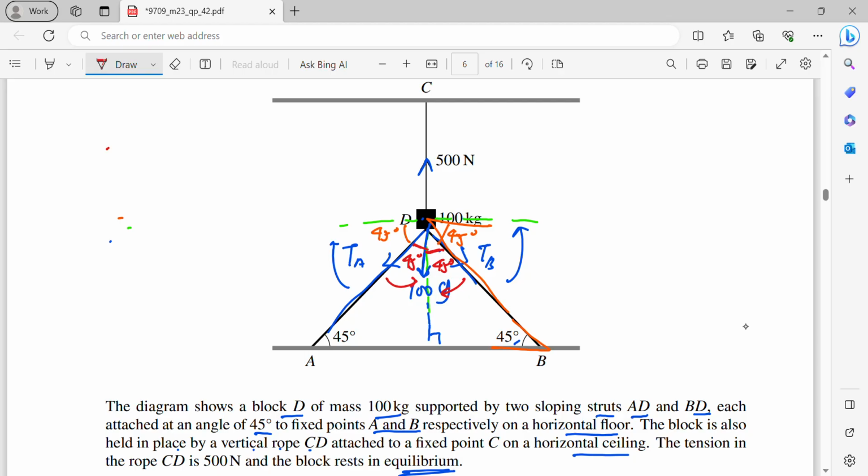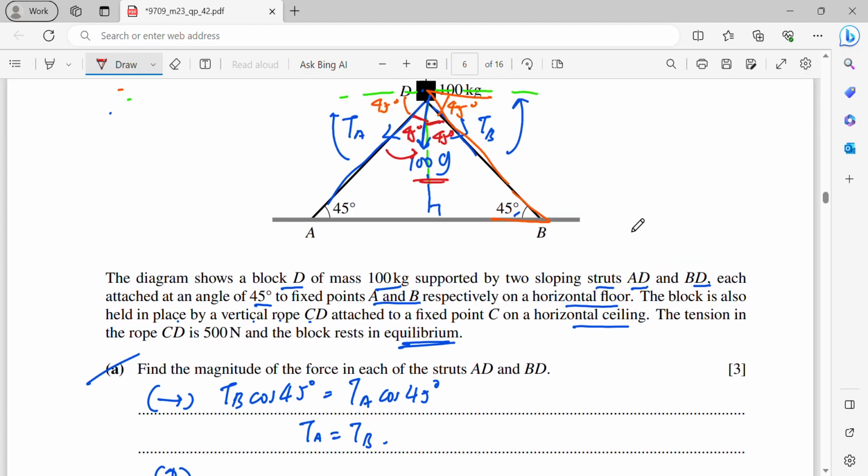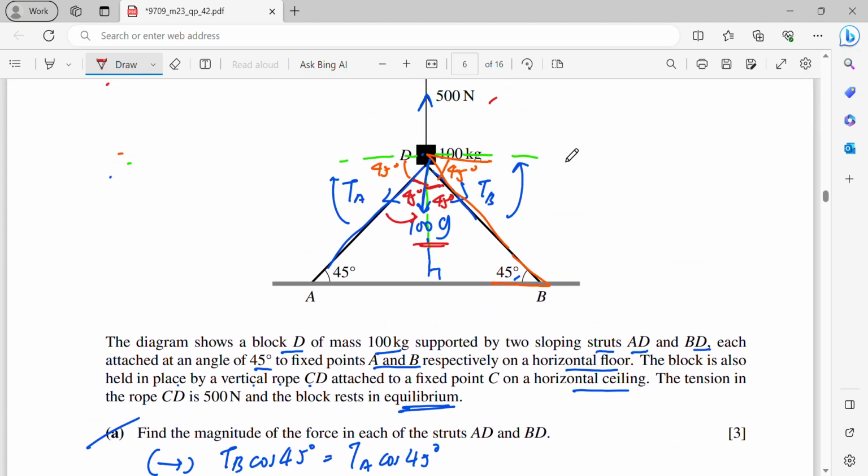Together with the 100 grams, 100 G, I will have 3 downwards forces and 1 upward force, which is 500 newtons. So I label arrow up. Vertically up means that the forces pointing upwards will be positive. Therefore, I will get 500 newtons equals to these 3 forces, after you have resolved them.